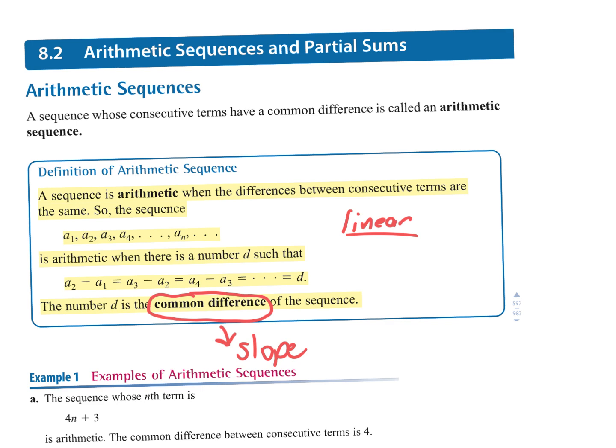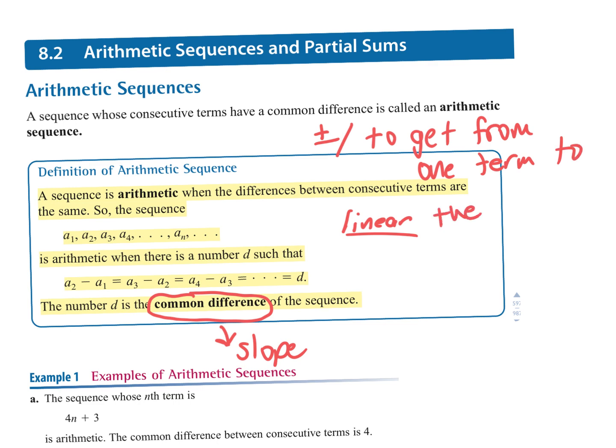All right, so when you are asked if something is arithmetic, the way that you would tell if it is or not is if you add or subtract the same number to get from one term to the next.